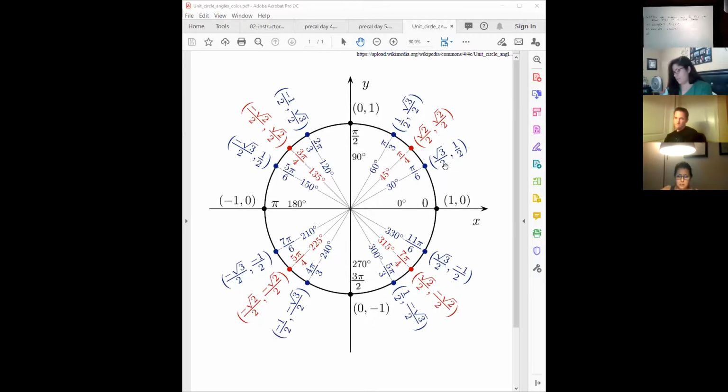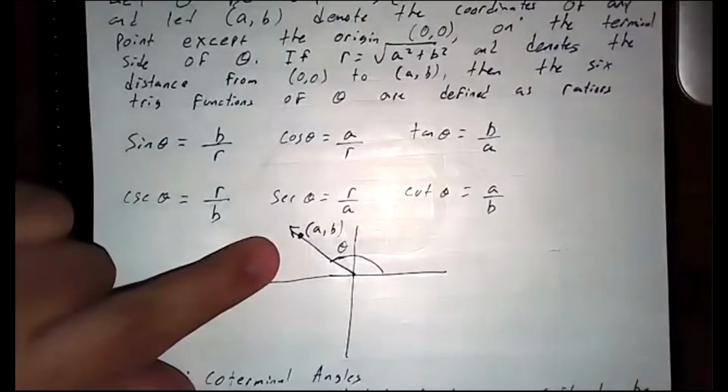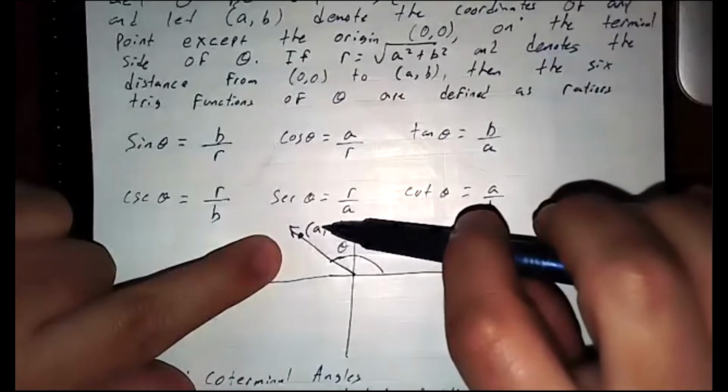So at the very beginning, let me show you. Right here, right? We said that cosine is defined to be a over r. So a is the x value, right? We can't see the paper. Oh yeah, that's right. My bad. Sorry. All right. So since a is the x value, right?